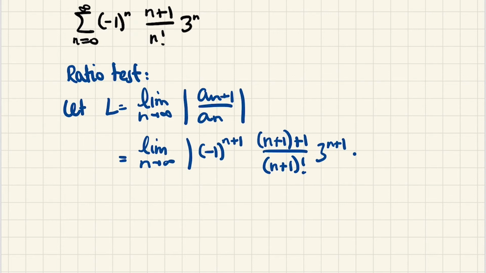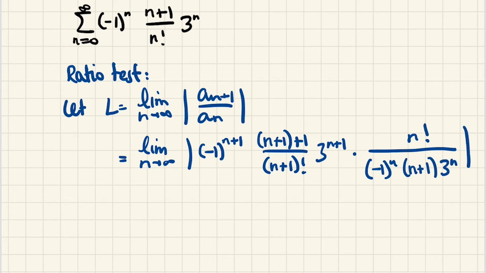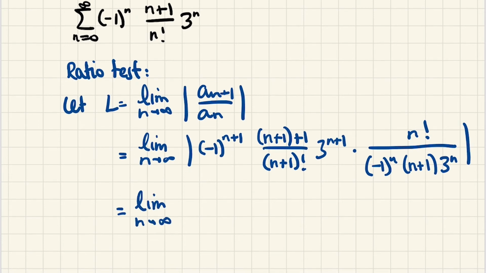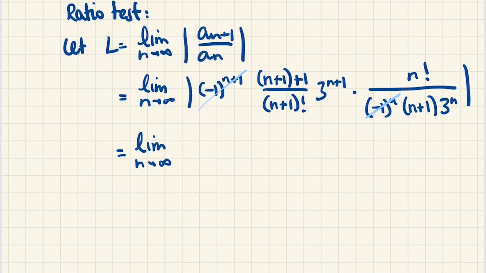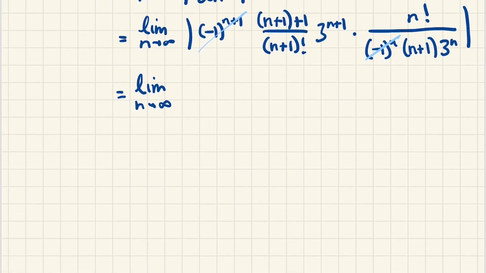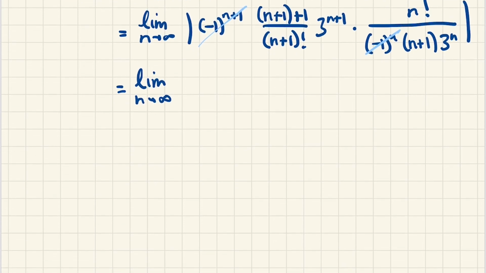So that's like multiplying by the reciprocal of a_n. So we have -1 to the n here, and then we have an n factorial up there. So again, we can throw away these -1s. First, they actually combine to just simply be a single -1, but that gets thrown away because of the absolute values.